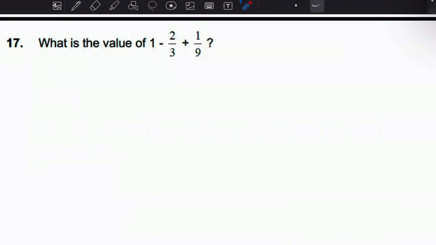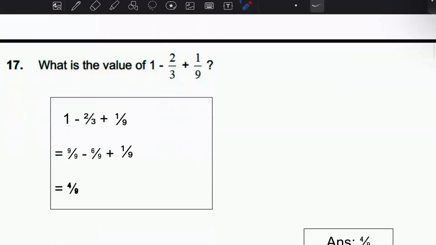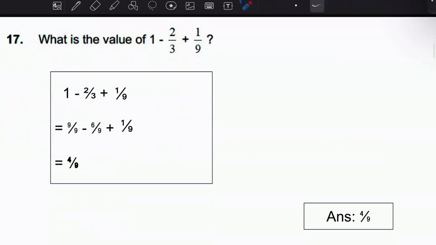All right, so what do you do when you want to add or subtract fractions? Firstly, you have to ensure that the denominator is the same. How do we do that? For the denominators 3 and 9, what are the common multiples of 3 and 9?